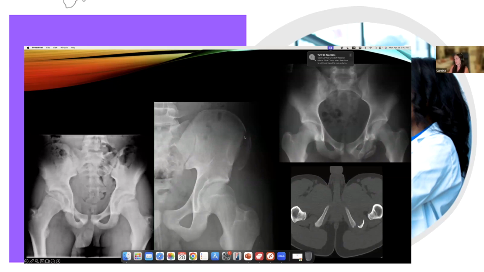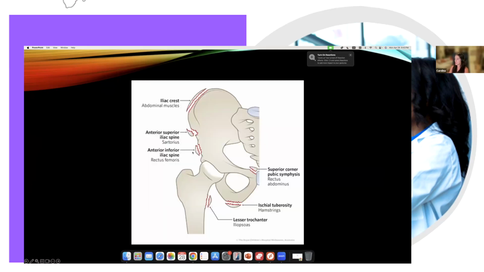But we also have avulsion fractures of the anterior superior iliac spine and the anterior inferior iliac spine. This is the avulsion fracture of the ischial tuberosity seen on CT. I wanted to show you some of the cases, but also a diagram which is going to make that much easier to understand what's happening around.